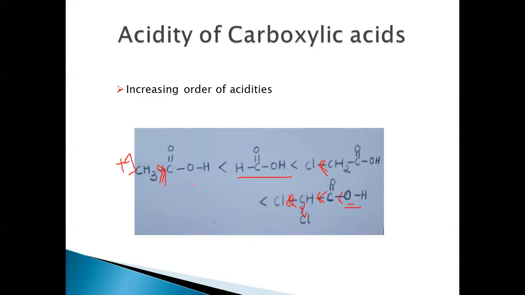It is releasing the electrons into the system, thereby increases the electron density on the oxygen atom. So the bond dissociation becomes difficult, thereby decreases the acidity. So it is less acidic when compared to that of formic acid. So the order is as shown below.